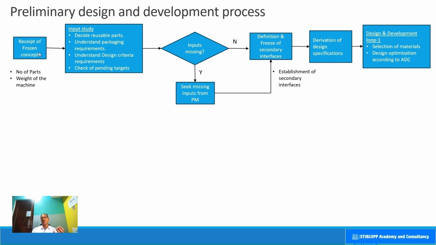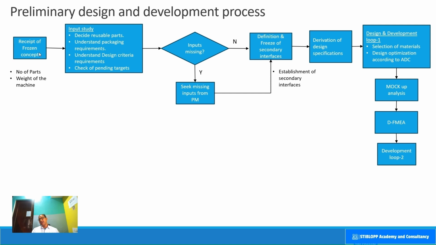Next is mock-up analysis, which I will explain to you. Then DFMEA, which I will also explain. Then comes the actual development loop, in which the engineering team takes the results of the mock-up analysis and the DFMEA and further matures the design.